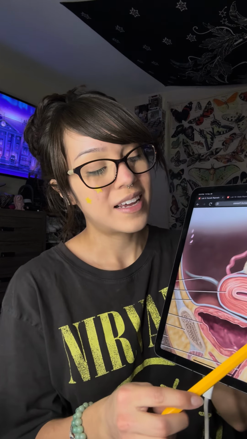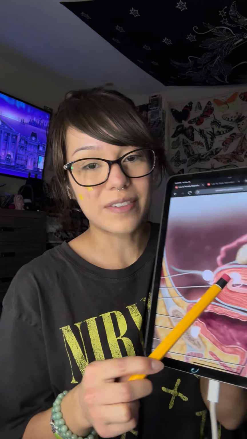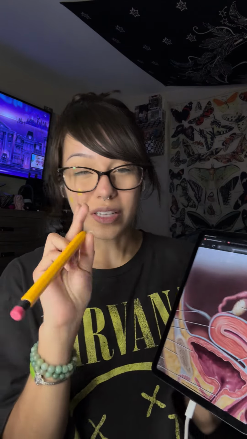And finally, the last phase is the menstrual phase. So if implantation does not occur, if there's no pregnancy, that is what leads to the bleeding and the shedding every month for a person who has periods. So that endometrial lining right here has two layers. There's a basal layer, and then there's the other layer on top.